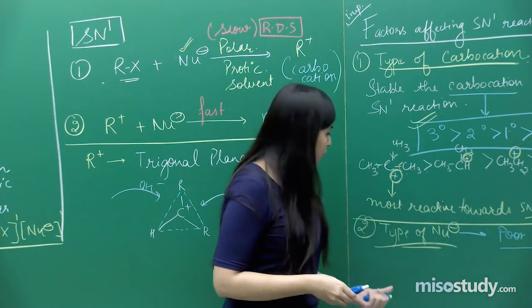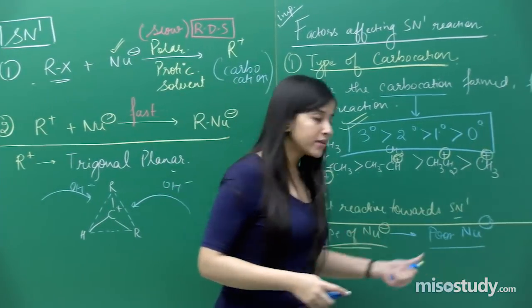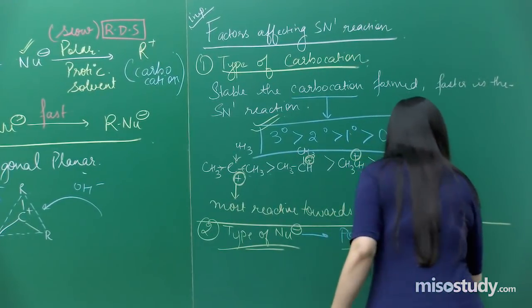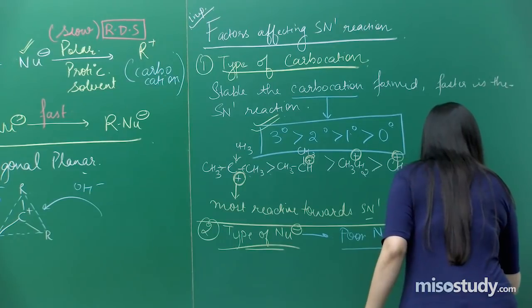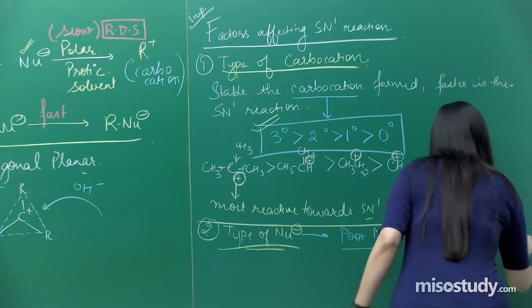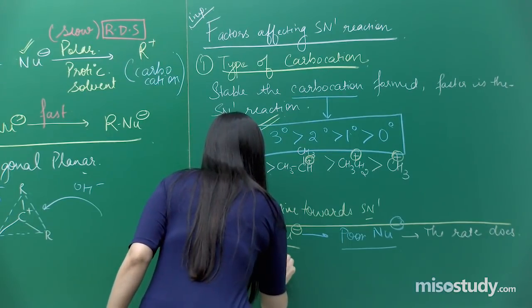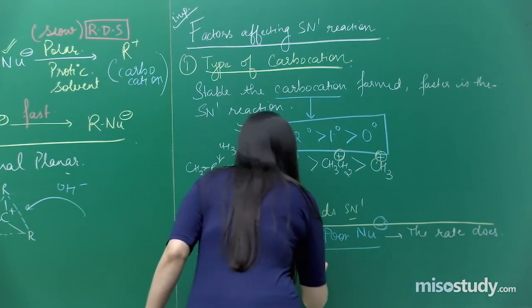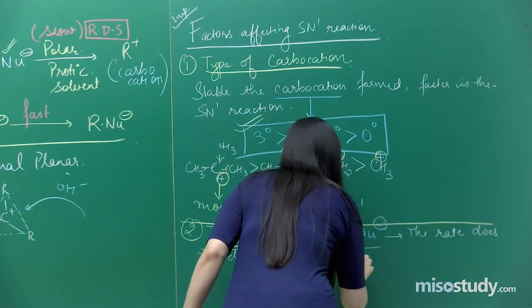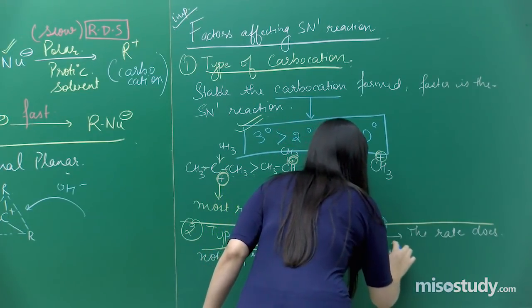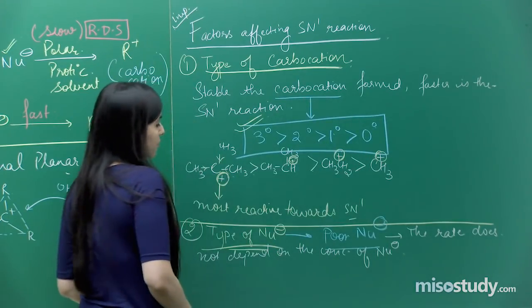So over here, the type of nucleophile must be poor. The rate does not depend on the concentration of nucleophile, right? So that is why I am taking the poor nucleophile.